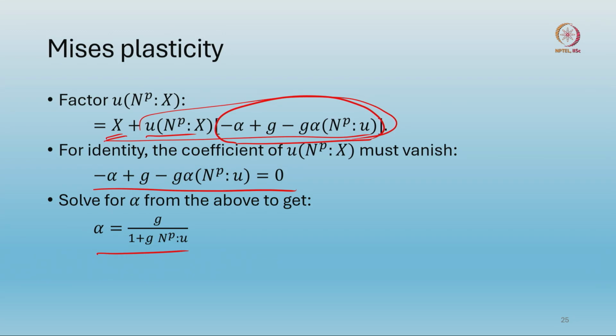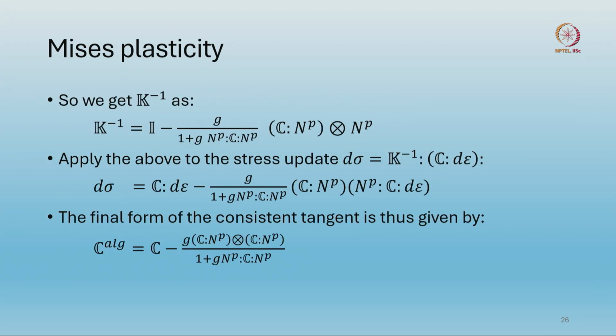It's a scalar, so we write K inverse using this alpha, and it is very simple. It is called the rank 1 update along the tensor U. Now we can apply this K inverse to get d sigma as K inverse C inner product d epsilon.